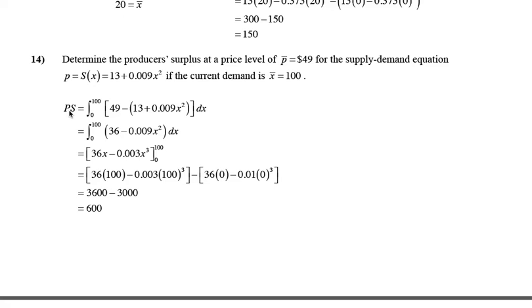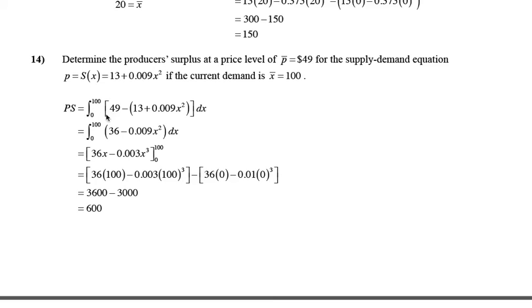So producer surplus on a given interval is, and for our question, the lower limit of integration is going to be 0. The upper will be the market demand, the equilibrium demand.